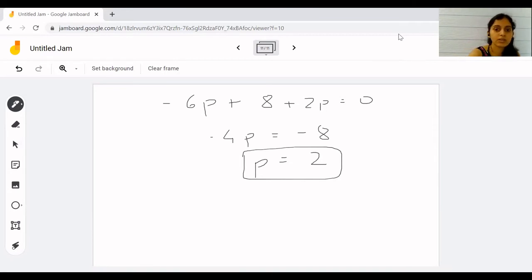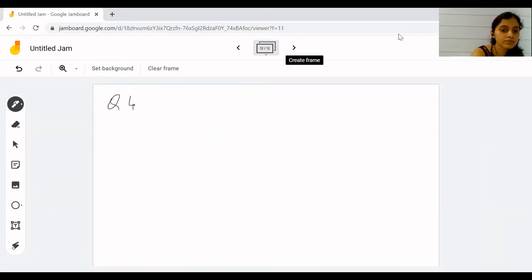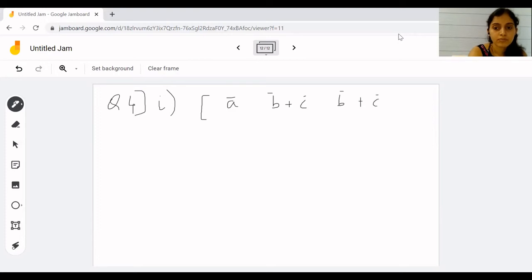Question 4, first one. The box product of a bar, b bar plus c bar, and a bar plus b bar plus c bar is equal to 0.